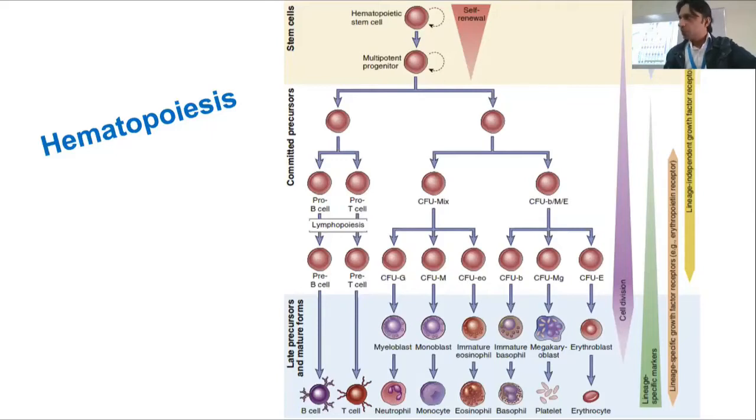Their jobs are different, their modes of action are different, and they work under different conditions in different scenarios, but all of them belong to one army, and that is our immune system. All of them came into existence from a common source which is called hematopoietic stem cell, and the process is called hematopoiesis.